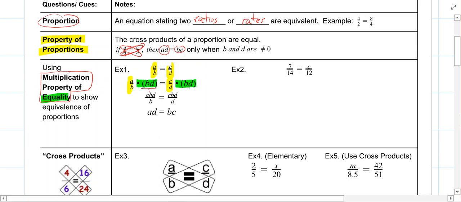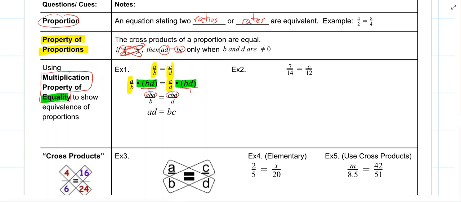I can go like this, and A times B times D is ABD. See it? And C times BD is CBD. See that one? And on the bottom, B times 1 is B, and D times 1 is D. Now rewind it just to make sure you understand all of that part.